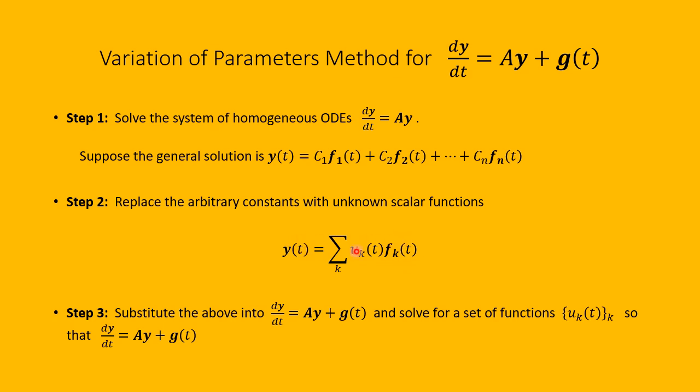So we're looking at this as a possible solution to this non-homogeneous equation that we have up here. And our mission is to find out what these u sub k's are. So we'll substitute this proposed solution into that differential equation and see what happens. Solve for a set of functions, u sub k of t, that will satisfy this differential equation.